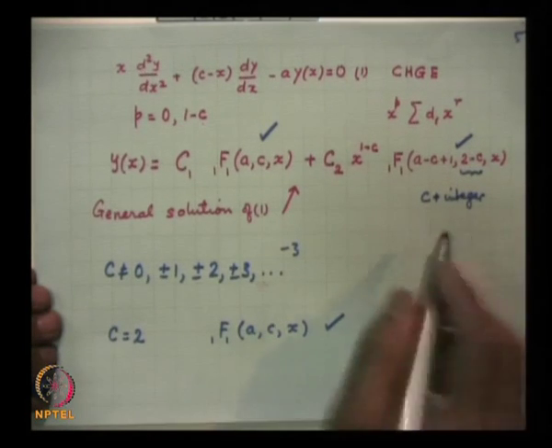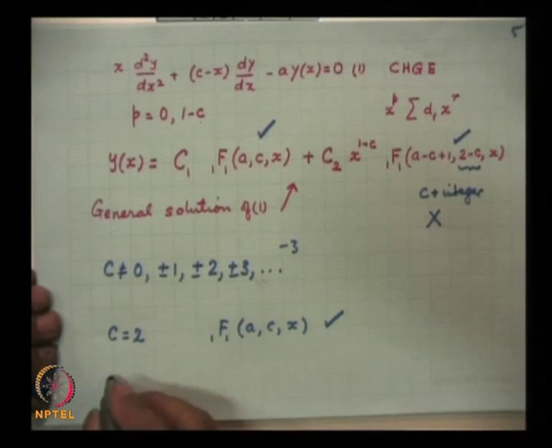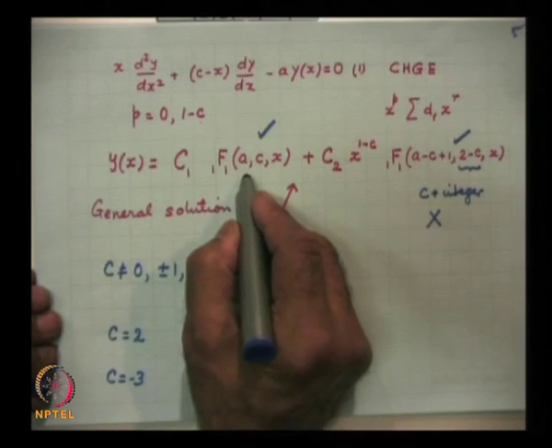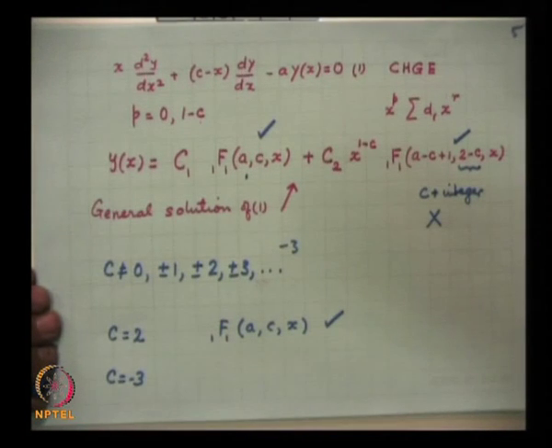So, this will not be a valid solution. Similarly, for c equal to, let us suppose, minus 3, this function will blow up, but this function will not. So, one of the solutions will be all right.